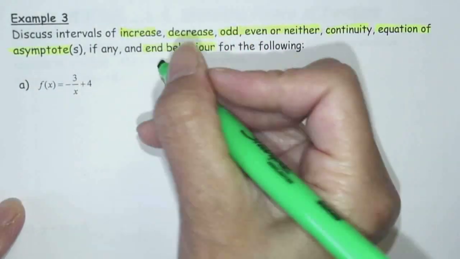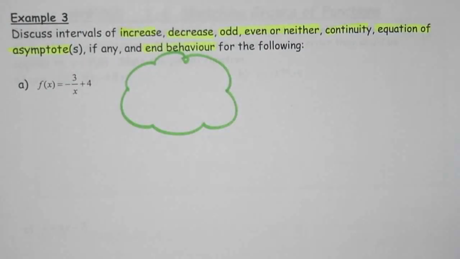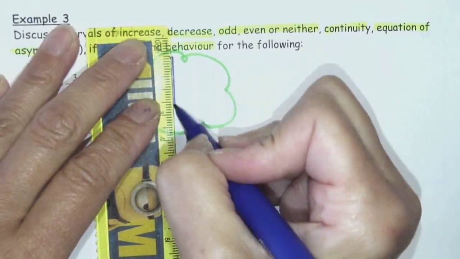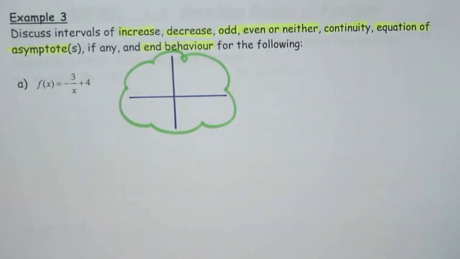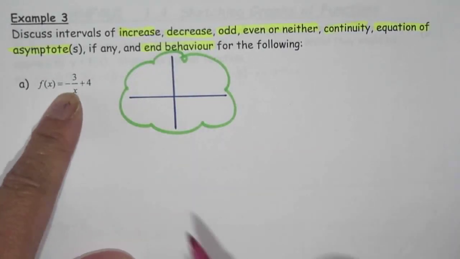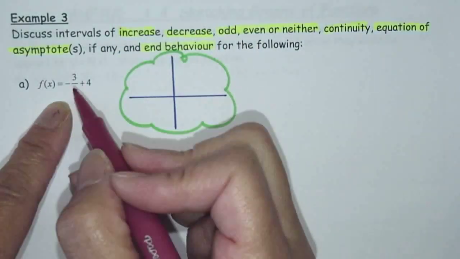So I'm going to just draw it, right? Let me do a rough sketch of it so I have an idea of what it looks like. Again, just a rough sketch. I'm using a ruler just because I find that my hand shakes otherwise, so I want to make it neater for you guys. So here, we've got this function. The negative means a reflection.